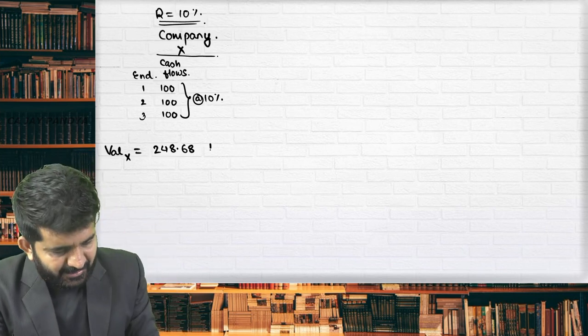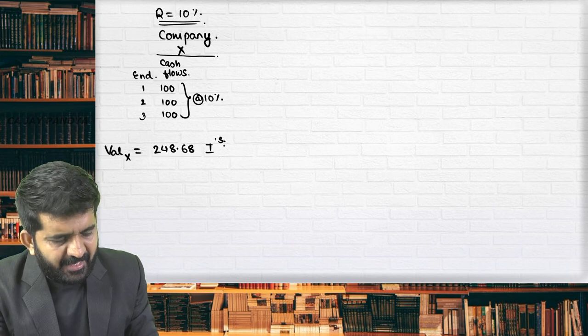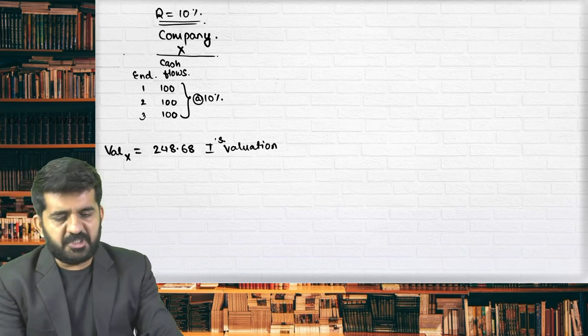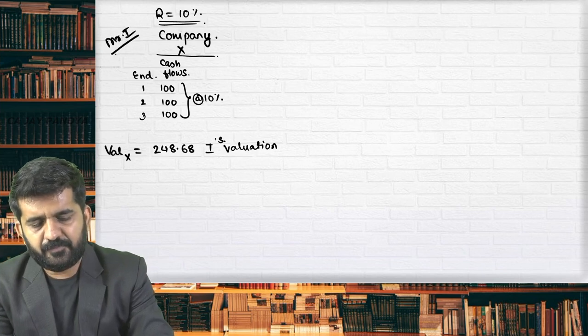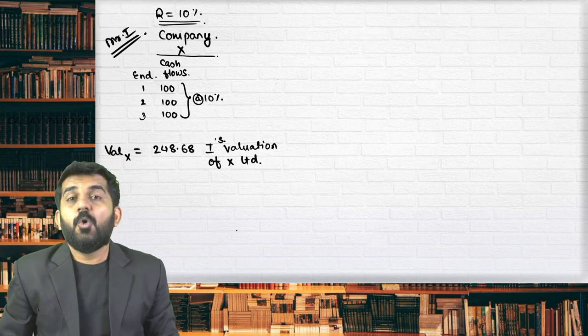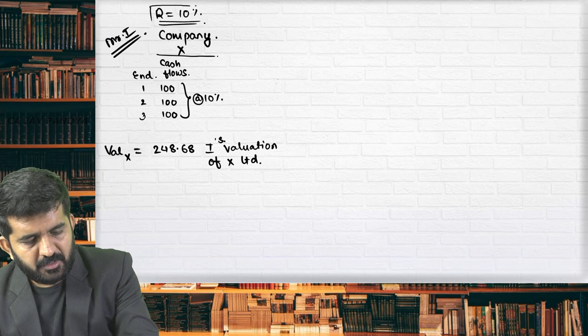Please understand, this is I's valuation. Who is planning to purchase this company? Mr. I. This is I's valuation of X Limited. Whose discount rate is used? Mr. I's.